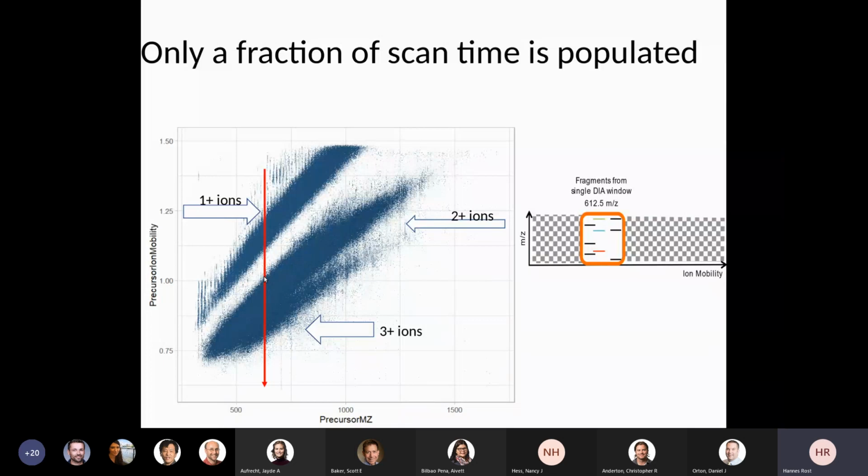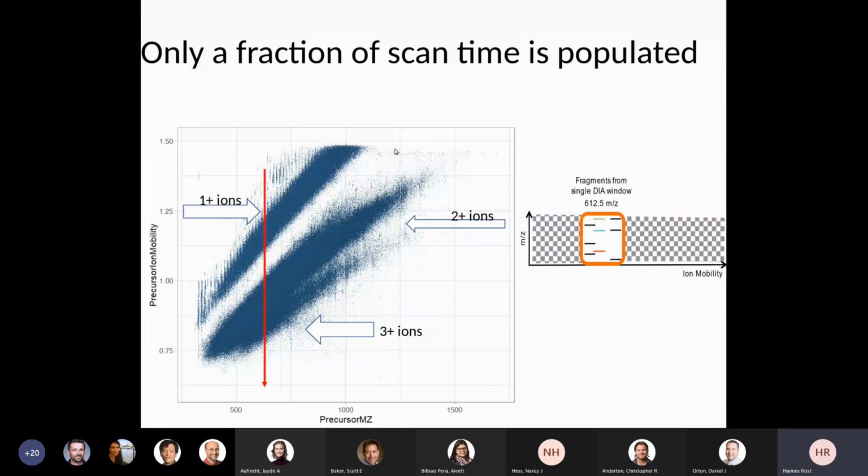We are releasing ions from the trap during a time frame of about 100 milliseconds, but the ions of interest from a given DIA window, let's say 600 to 625 mass to charge, would not elute throughout the full 100 milliseconds. They would be confined to a relatively small part of that space.